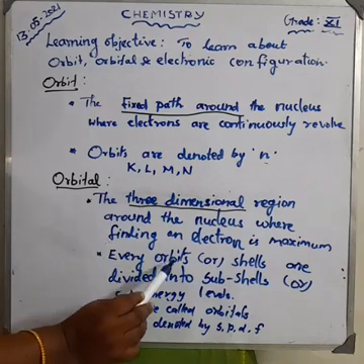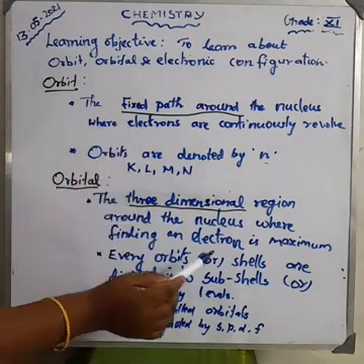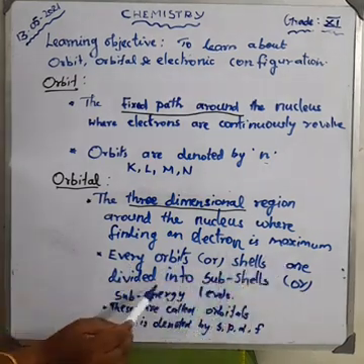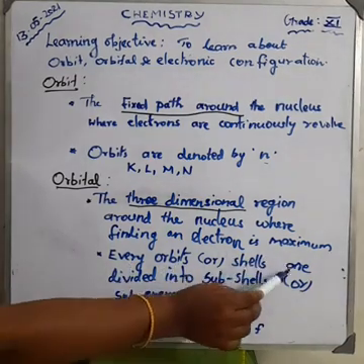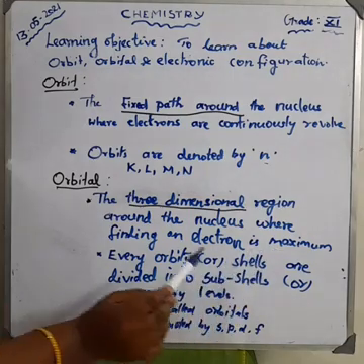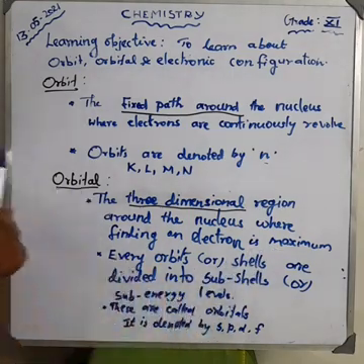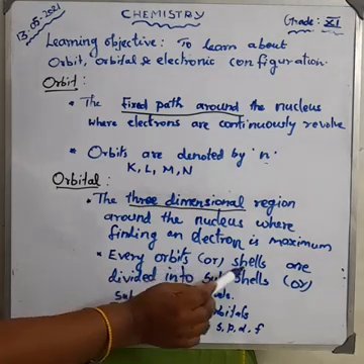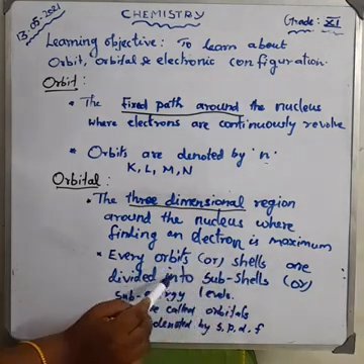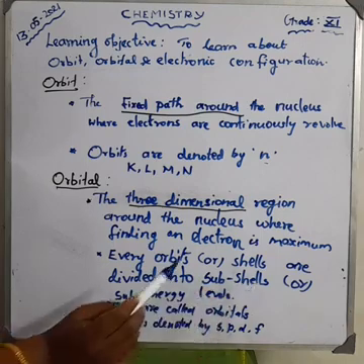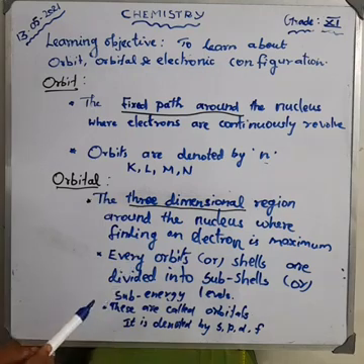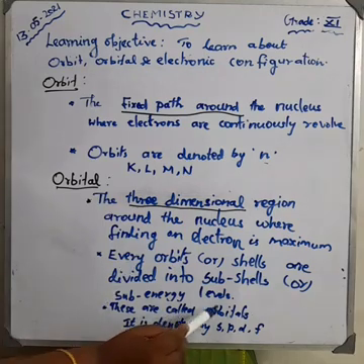Then every orbit, which we otherwise call a shell, is divided into subshells, otherwise called sub-energy levels. These are called orbitals.